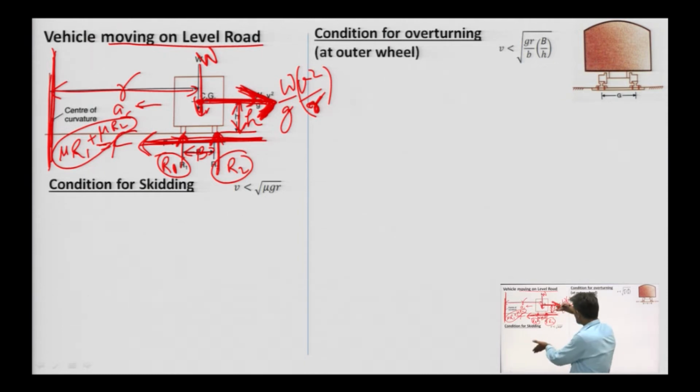If this condition holds, the vehicle is free from skidding.